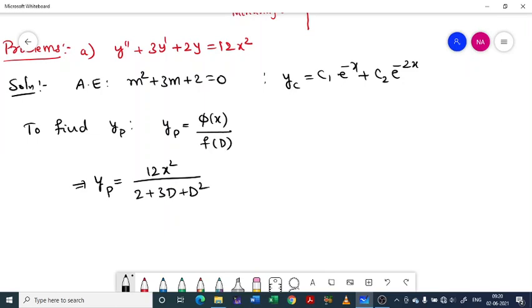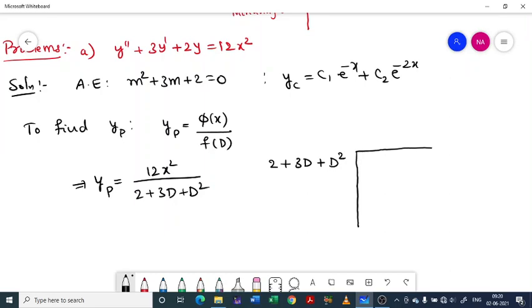Here if you want you can write D square plus 3D plus 2, no problem, but while dividing you must write in increasing powers of D. So here 2 plus 3D plus D square.